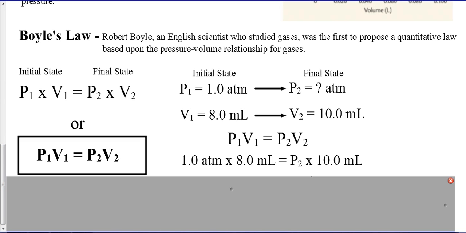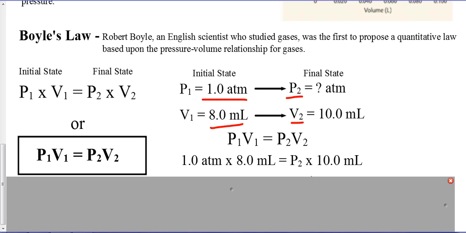We know that our initial pressure is 1 atmosphere, and I'm going to underline that so you know where I am. We also know that our initial volume is 8 milliliters. Initial just means, in this case, the first. That's P1 and V1. P2 and V2 are our second pressure and second volume.